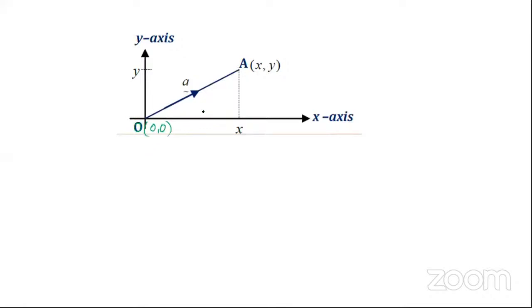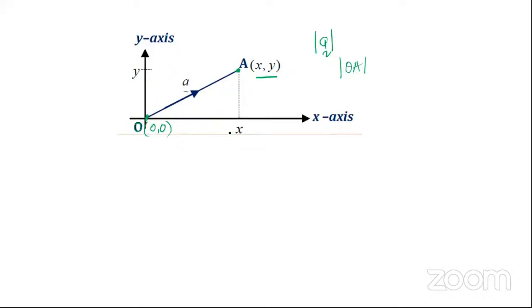By finding the magnitude, you are finding the length of this line from here up to this point here. The length of that line is what we denote as the magnitude of A, or the magnitude of OA. So literally, you're finding the distance from this point to this other point, given these two coordinates.